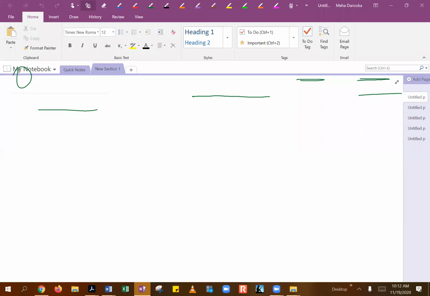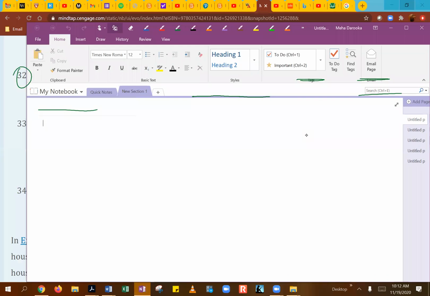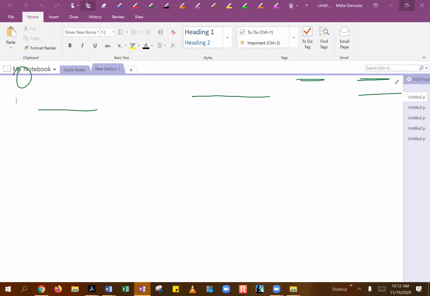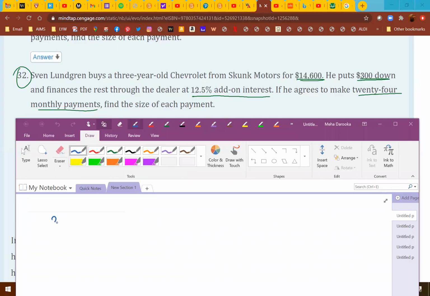Okay, so let's put this information down over here. Our principal amount that the loan will be borrowed for: the value of the car at which he bought was $14,600, but then they're saying he puts down $300 for a down payment.